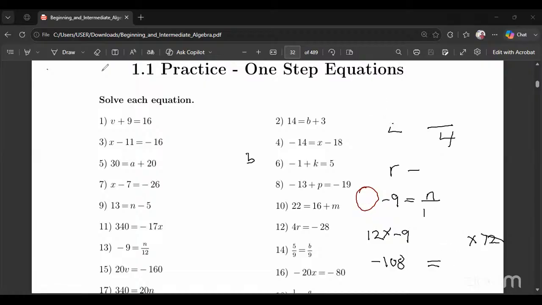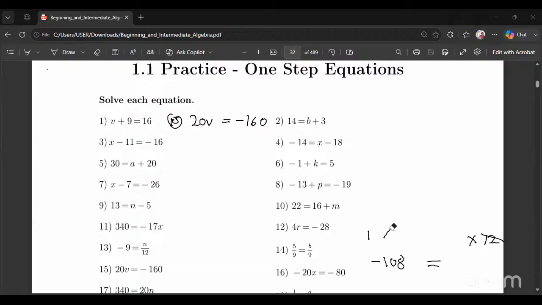Okay, great. So I'll just also walk through 16. Sorry, that will be 15. So 15, we have 20V is equal to negative 160. Pretty straightforward. I'm looking for the value of V such that once I multiply that value by 20, I would get negative 160.